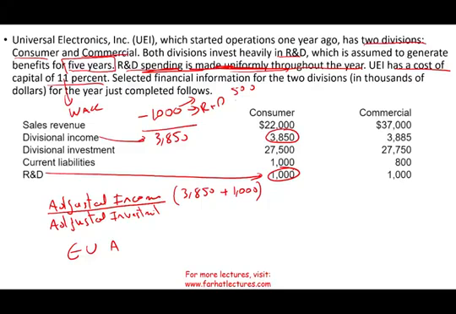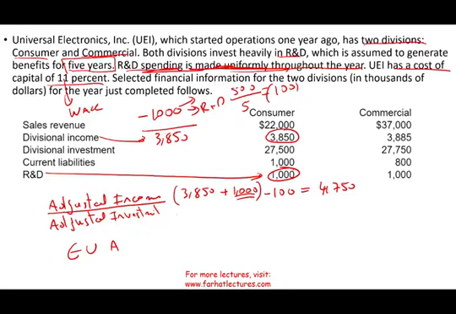Therefore, you take 500 divided by 5, and for the first year you deduct $100. All in all, the adjusted income for the consumer division is $4,750. So we added back the full R&D, then deducted $100, simply put, we added back $900 of the R&D.